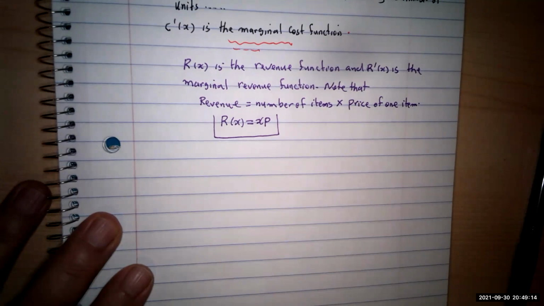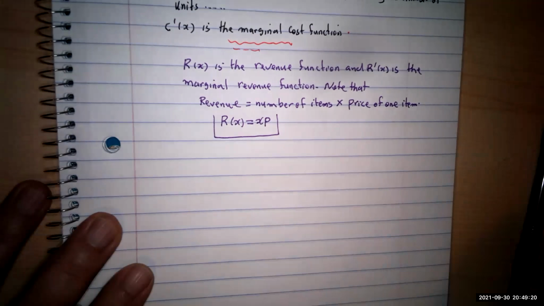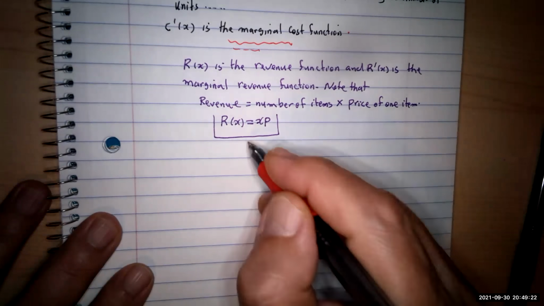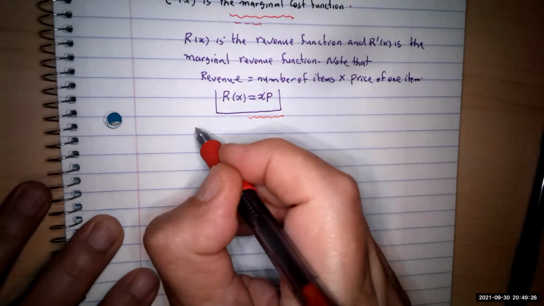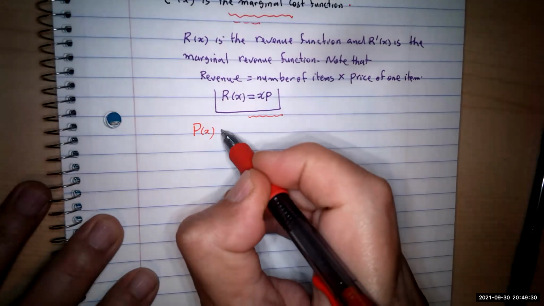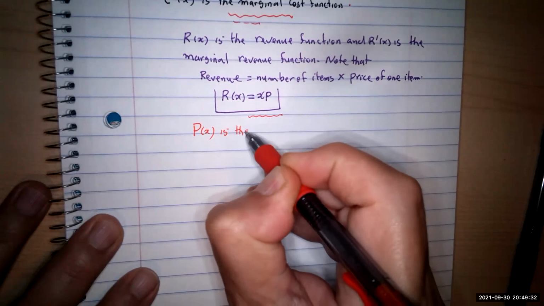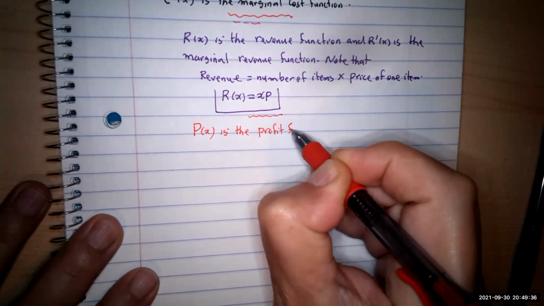And we are going to use it in future quite a lot. Okay, so that would be the revenue function, and that's the cost function. Now the third function is the profit function. Okay, so P of X, uppercase P, is going to be the profit function.